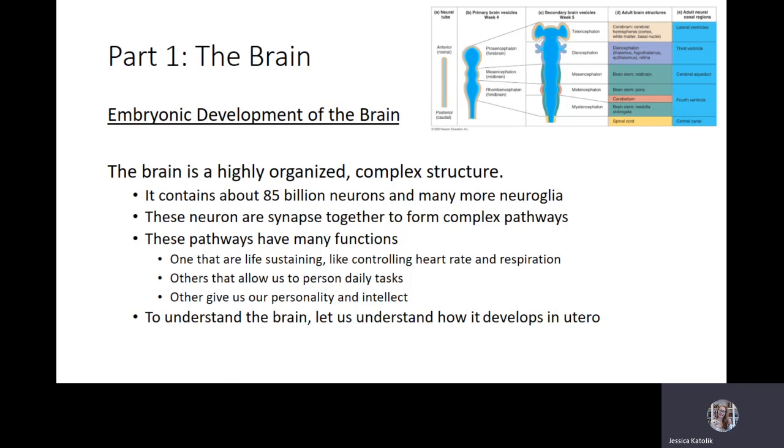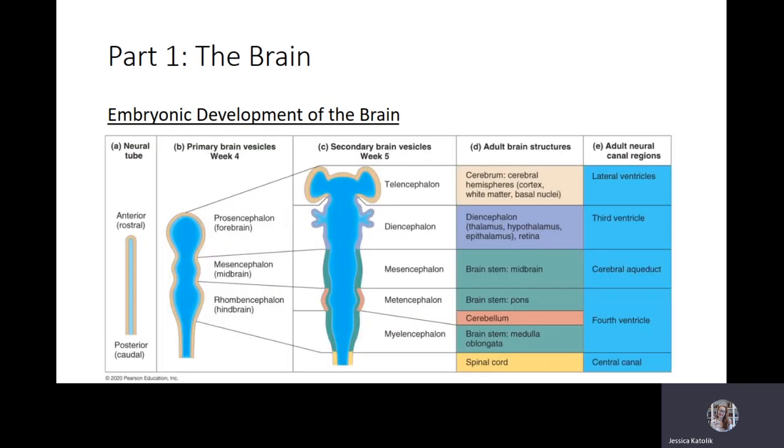But to really understand the brain, we need to understand how it develops in utero and how the basic body plan of the brain really reflects its embryonic development. So let's get into it together. We're going to be using two diagrams from our textbook. This one will look at the development of the brain between about day 20 to about week 5.